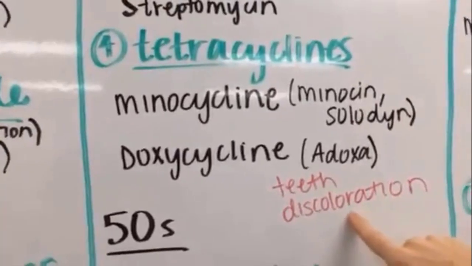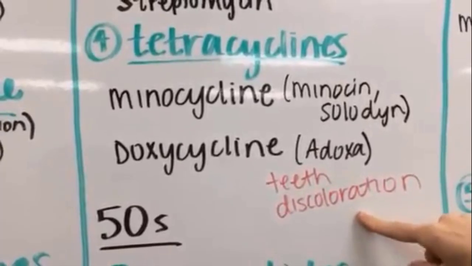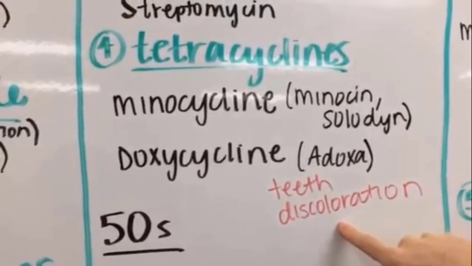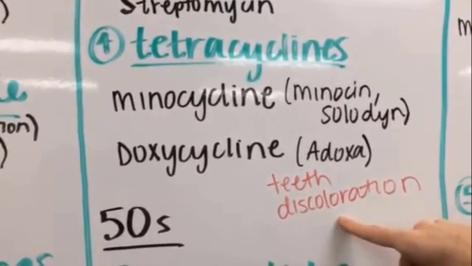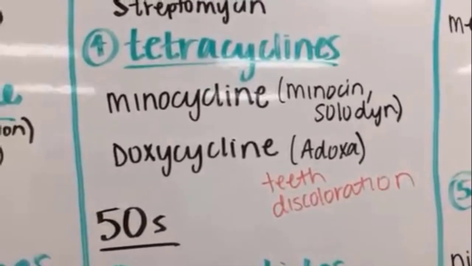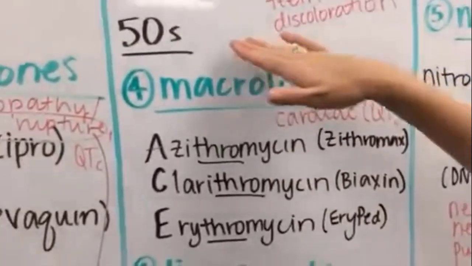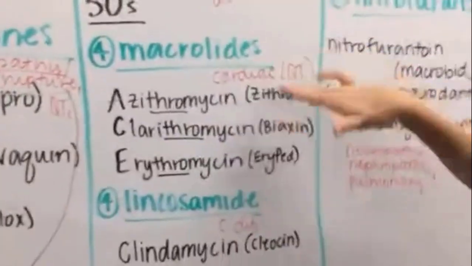And the main side effect to focus on with this one is going to be teeth discoloration. So we don't use it in younger children because when they're developing, it can cause a gray tooth syndrome, and this can affect them for the rest of their lives. So avoided in young children.